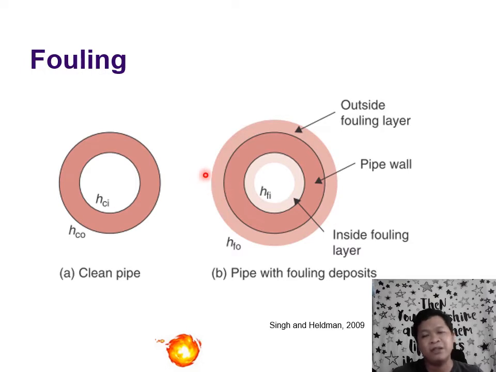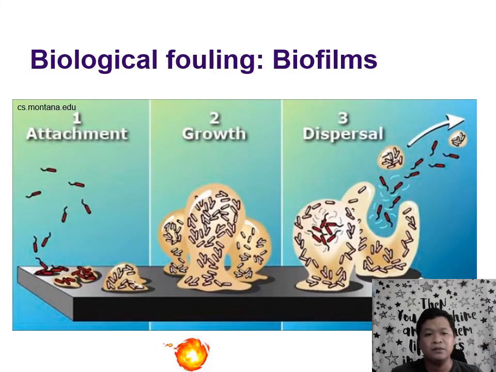If perhaps you want some more insulation dun sa labas ng pipe at nag-foul dun, then that might be a positive thing. Unless of course maybe nag-foul siya in such a way na nag-corrode, no? But anyway, ideally we would always have a clean pipe so it's easier for us to control our variable.